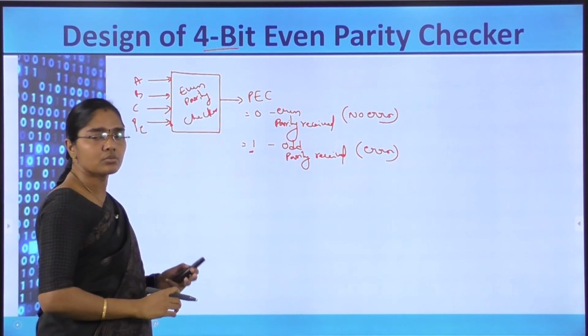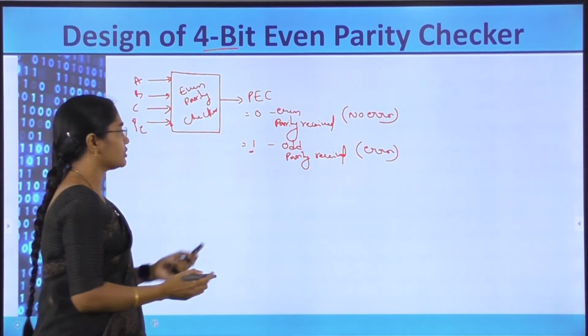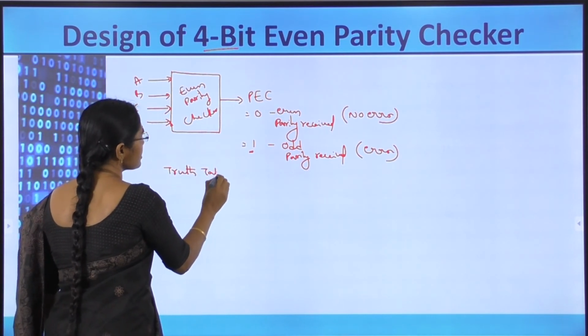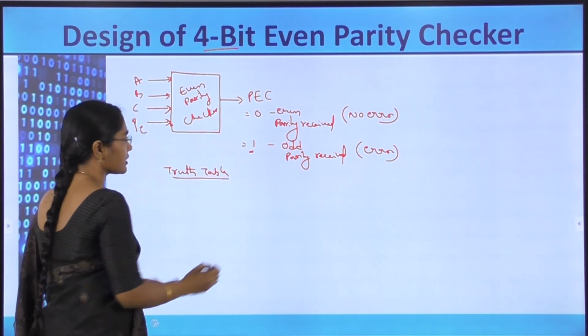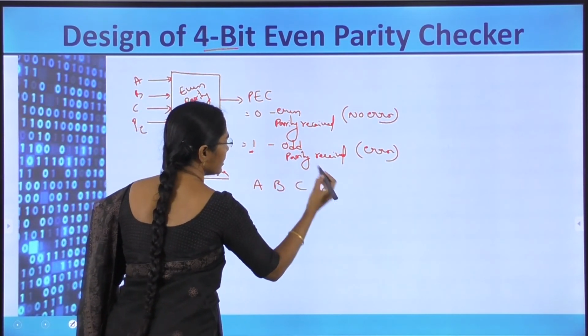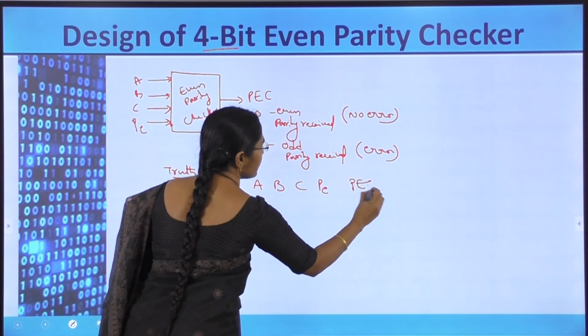Okay. Now draw the truth table for this even parity checker. Inputs are A, B, C, P and the output is PEC.